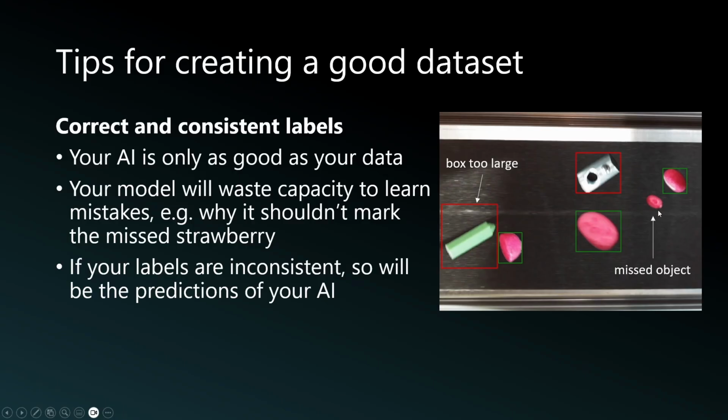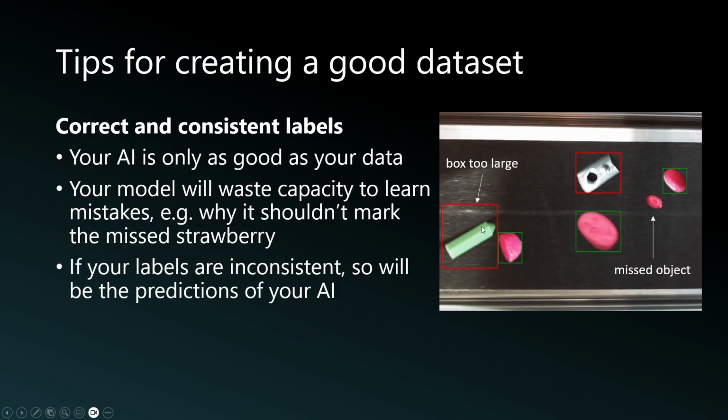So not only does the model not predict some of the strawberries in the deployment conditions, but it will also waste some of its capabilities to distinguish between this strawberry and this strawberry, to learn why this one should be labeled, but this one shouldn't. And that's not something we want. So you should take care to label all objects that are visible on all your images.